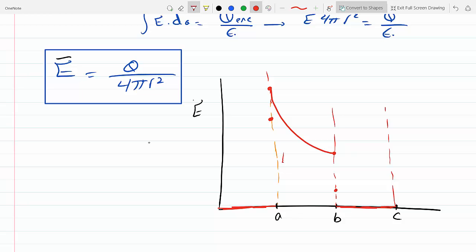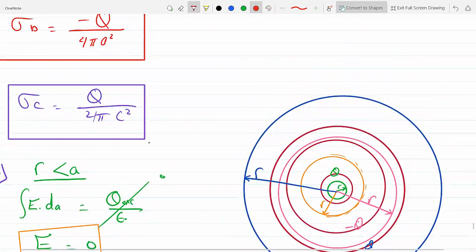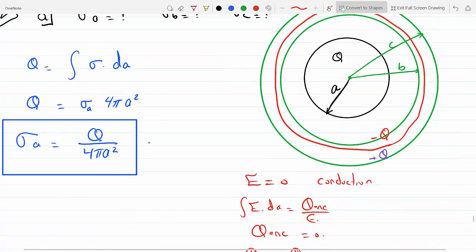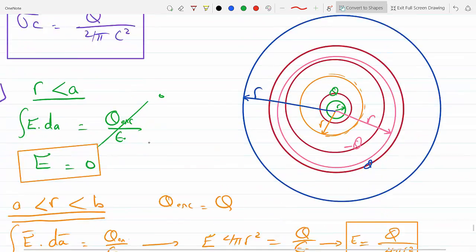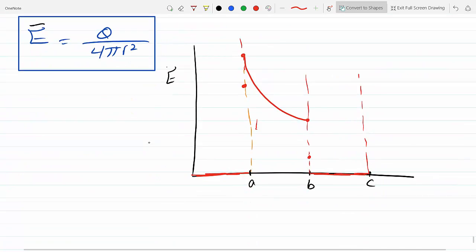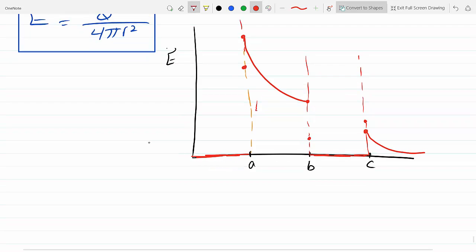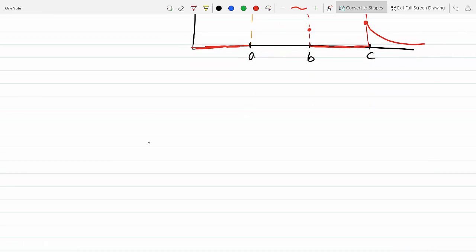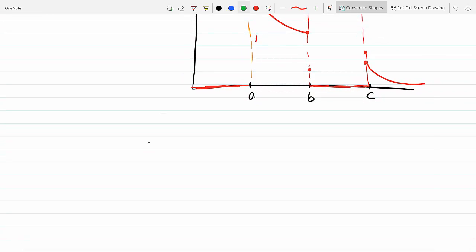So B is greater than A, so at B it has to be less than at A, and C is greater than B because it's the outer radius, so it has to be the least on C. And so on C, let's say it's here, and it's going to go down like this. So this is a plot of the electric field.